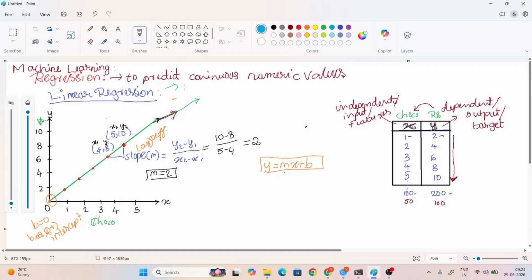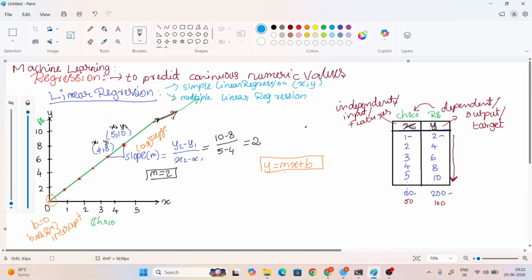Just listen, guys. Linear regression consists of two parts: one is simple linear regression, the other one is multiple linear regression. If the axis has x and y, it is called simple linear regression.